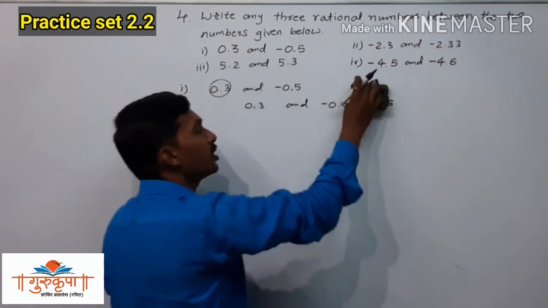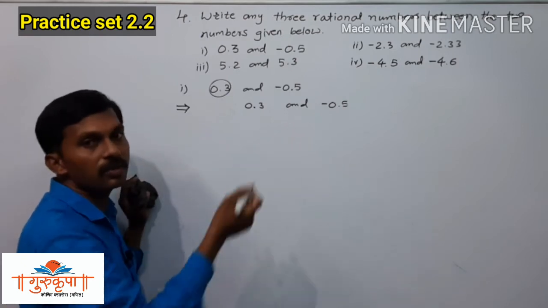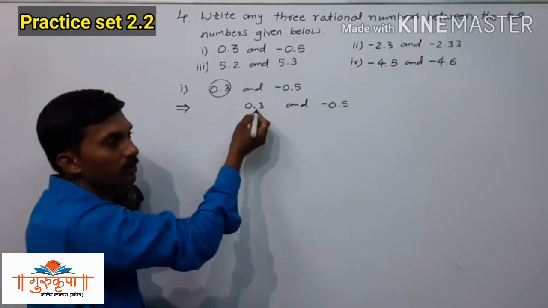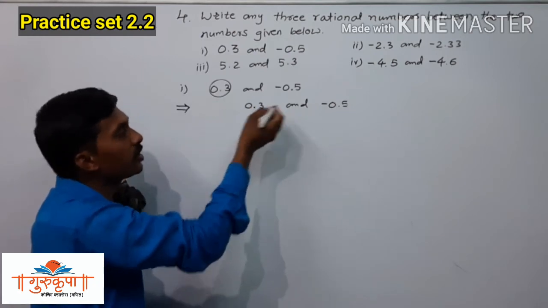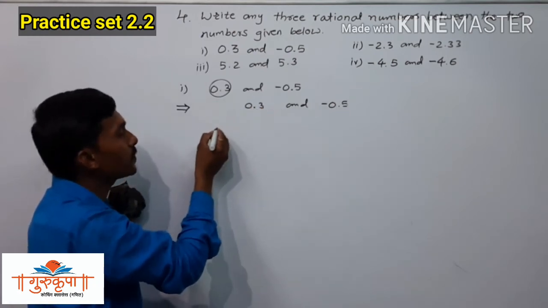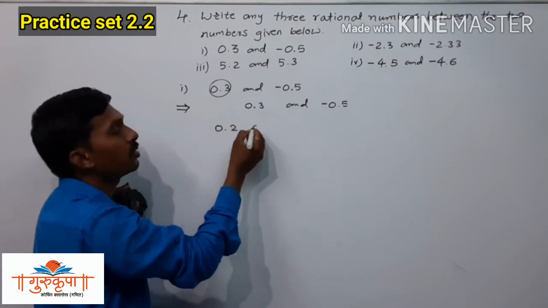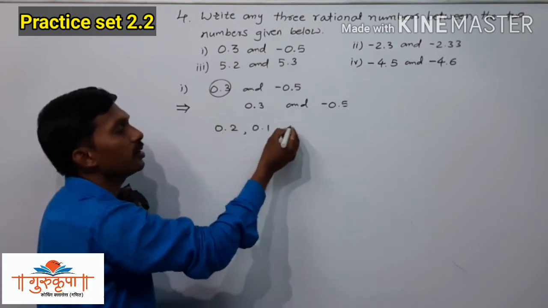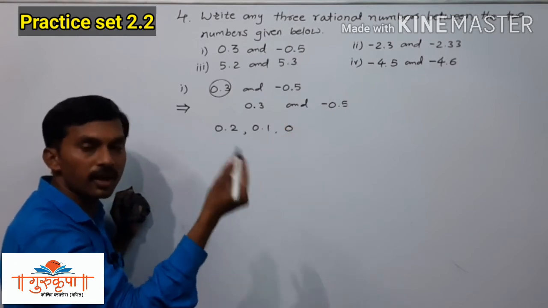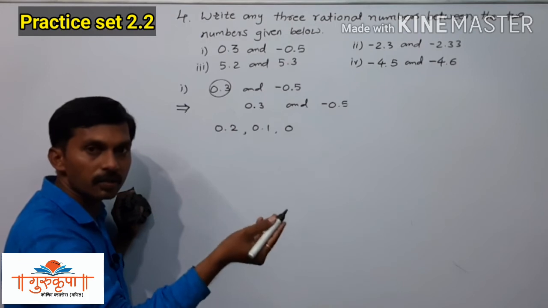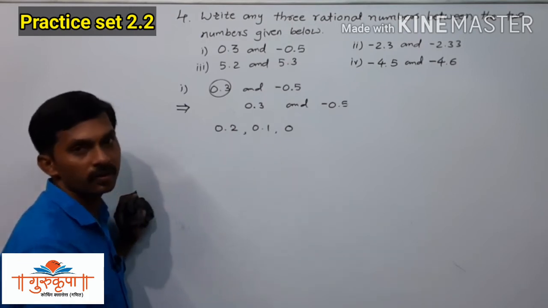Since we have to write three numbers between the given two numbers, and we already know which numbers are there, since this is the bigger number and this is the smaller number, you can easily get the numbers between these two. The numbers are 0.2, 0.1 and 0. You can write minus 0.1, minus 0.2, minus 0.3, minus 0.4 and then minus 0.5.